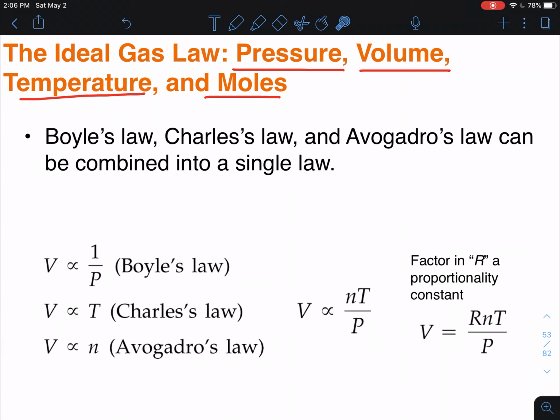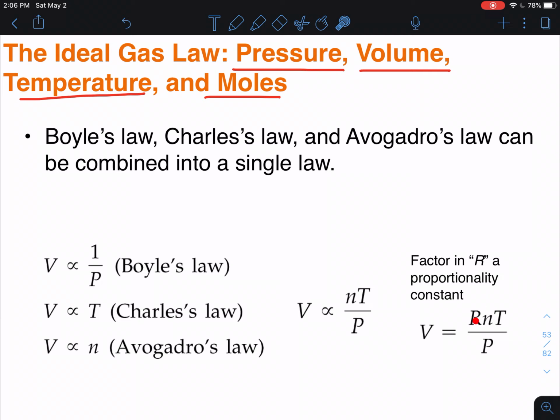All right. So basically there's this proportionality constant. Long story short, it's a gas constant to make sure we can relate everything appropriately. We'll talk about it a little bit more in a second.